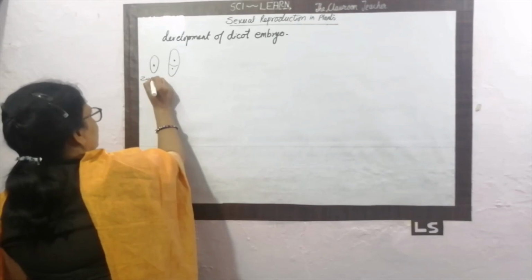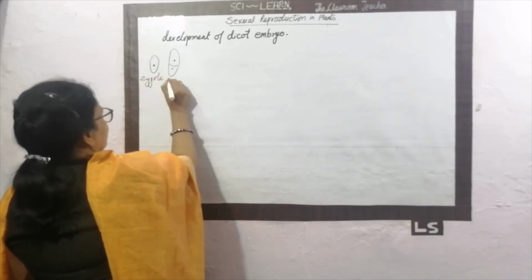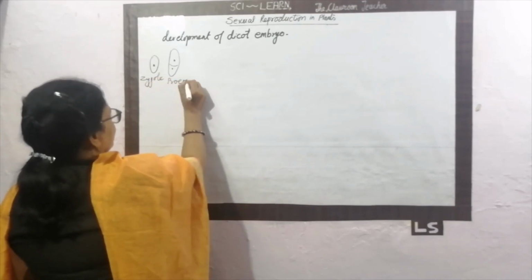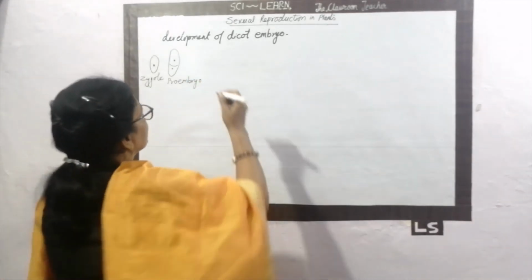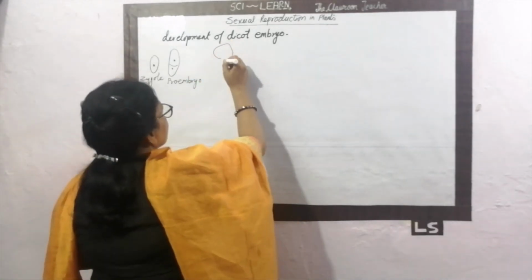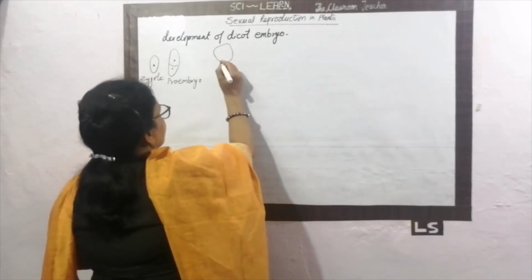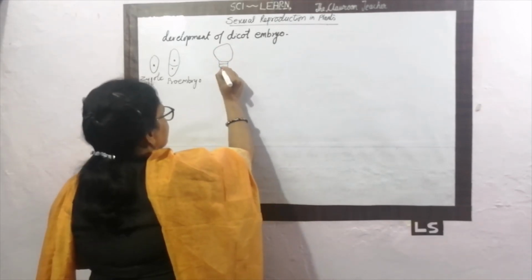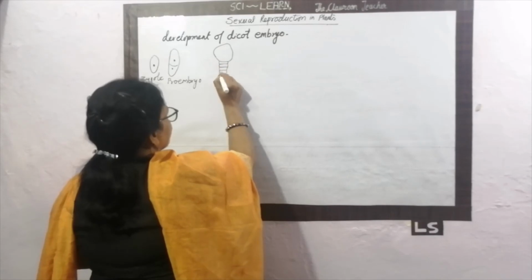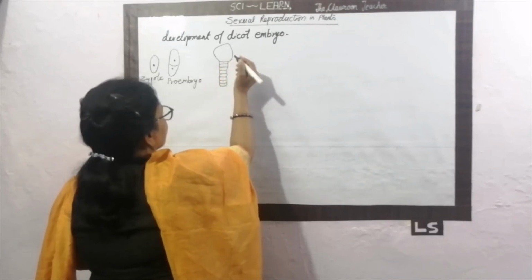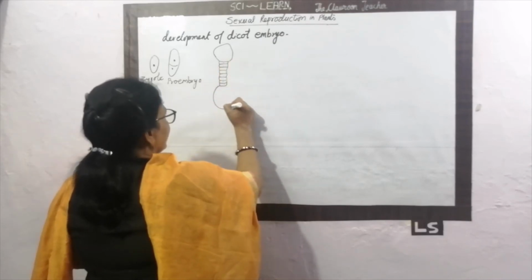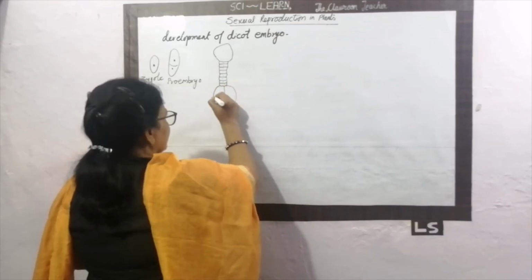Proembryo then divides to form haustorium, suspensor, okay. Here the 8-cell structure.